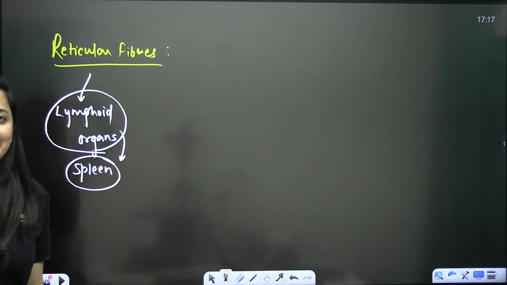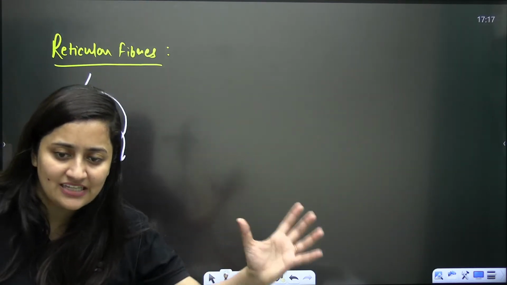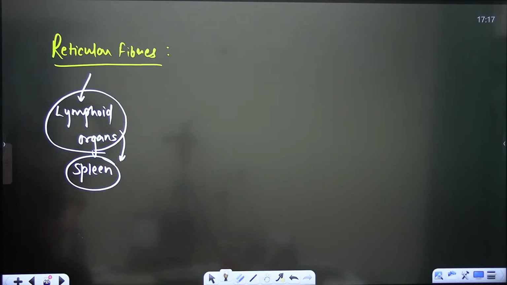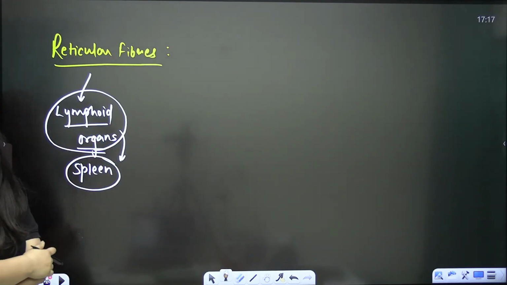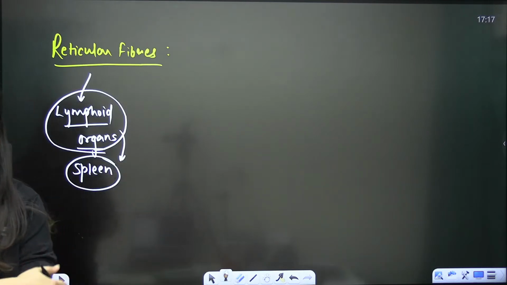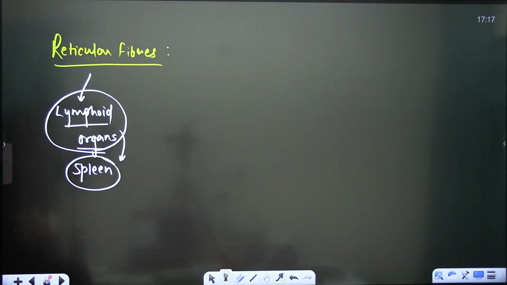You know, spleen is the largest lymphoid organ. It is a bean-shaped lymphoid organ. So reticular fibrous connective tissue is most commonly found in the lymphoid organs. Is that clear?